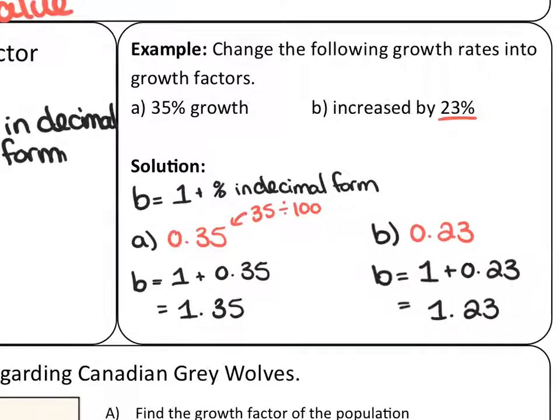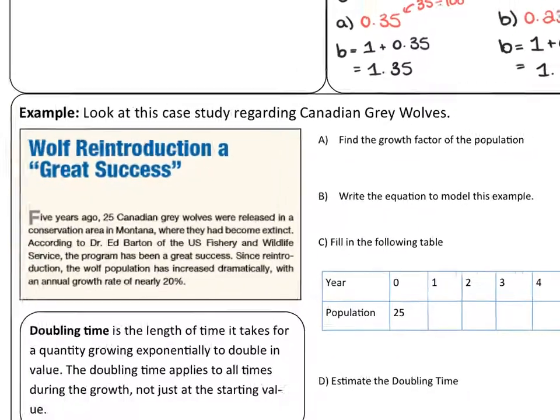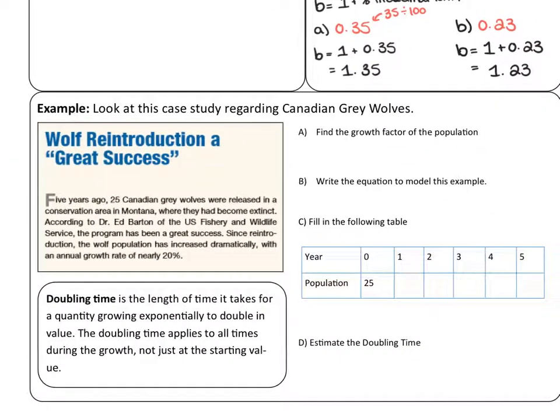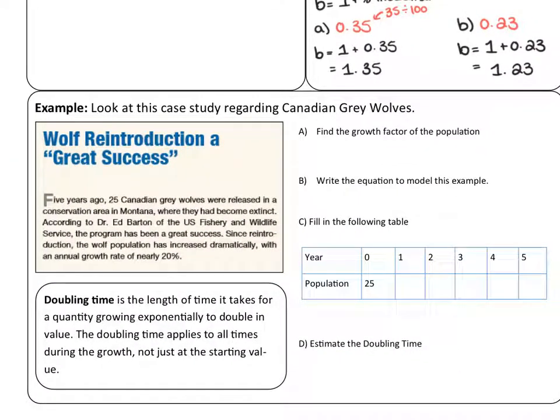Let's move down and we'll do an example regarding gray wolves. If you look at this case study, you'll see that 25 gray wolves were released in a conservation area. One thing to note, I like to highlight that: 25 wolves were released into a conservation area.